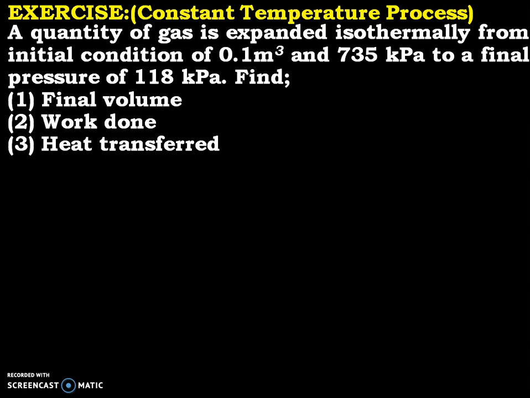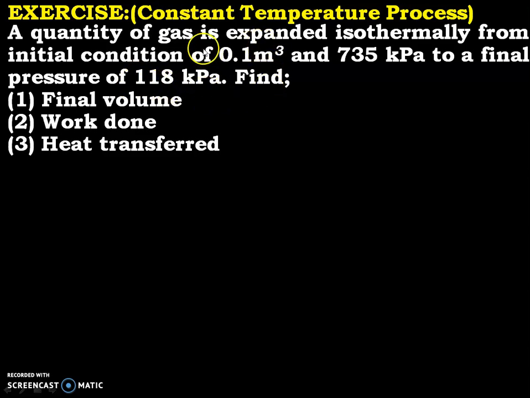Now let us solve the numerical on the isothermal process. A quantity of gas is expanded isothermally from an initial condition of 0.1 meter cube and 735 kilopascal to a final pressure of 118 kilopascal.